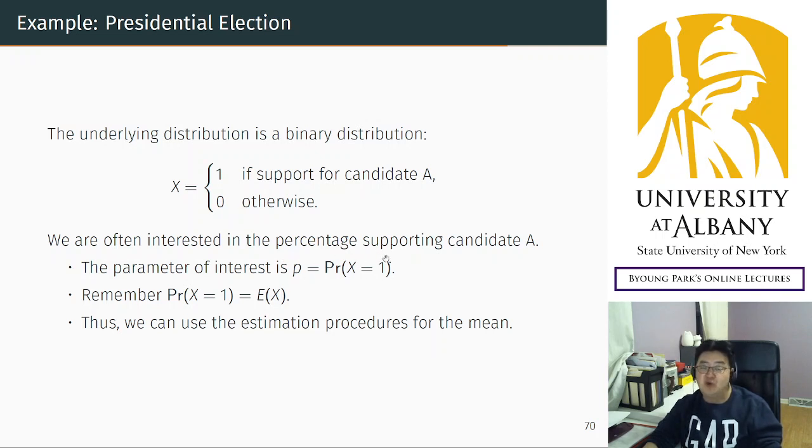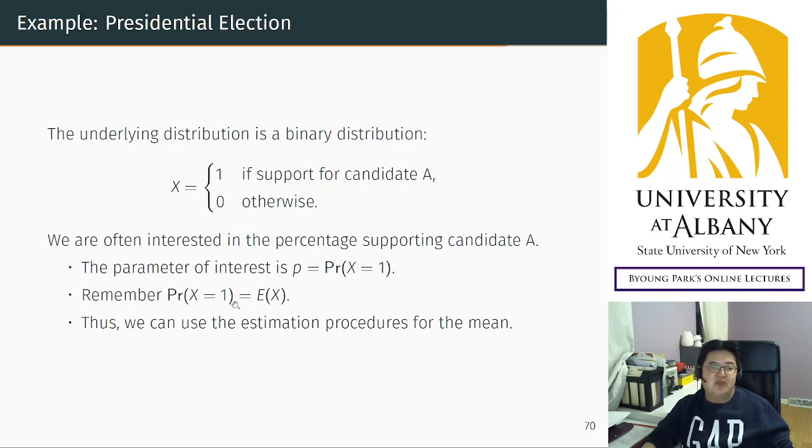This is what we want to estimate. If you ask all voters, what is the probability of supporting Obama? And remember, one of the most important properties of a binary distribution is that the probability of success equals the mean.